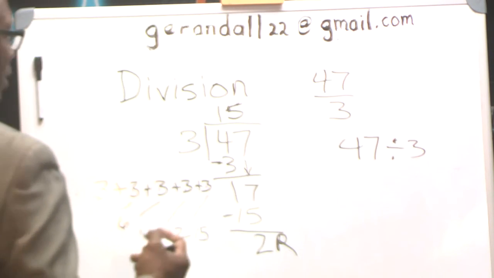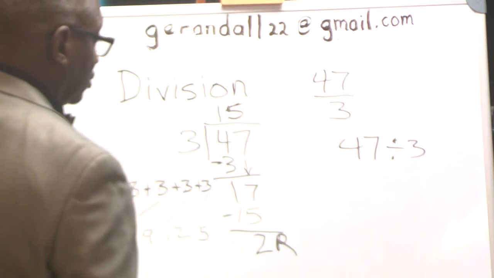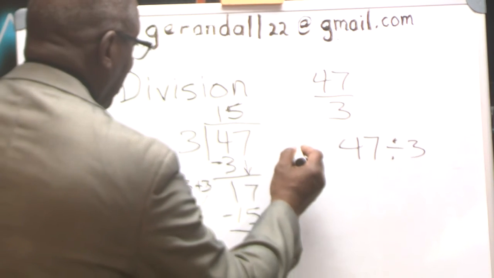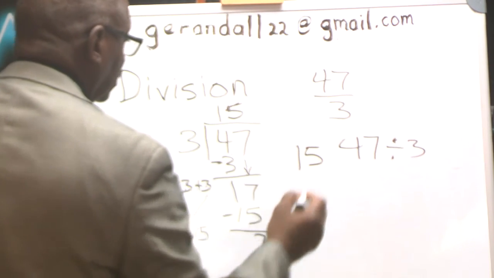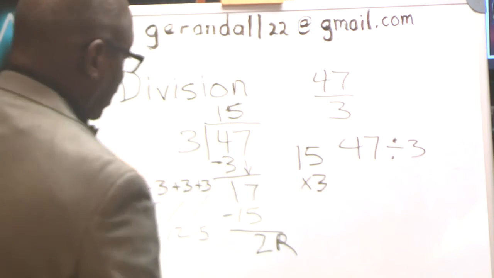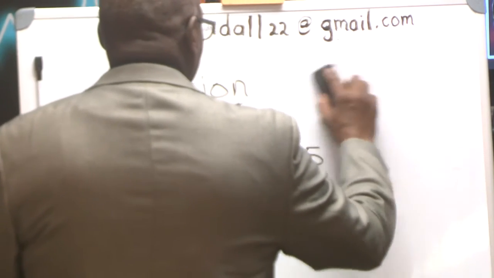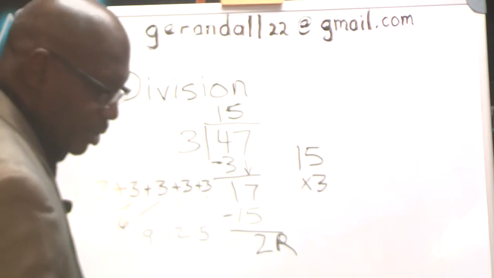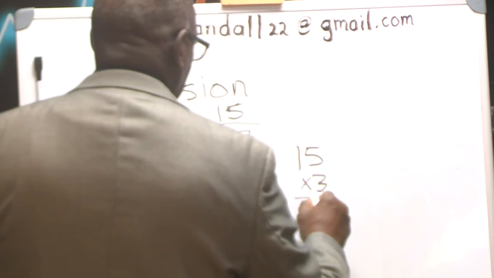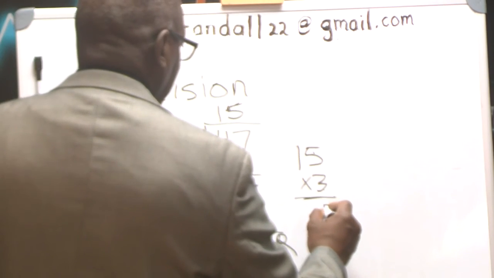Now this one was a case where we don't have a decimal. Okay? So we leave it a remainder. How do we check? Go right back to what? Multiplication. And again, we could do some things, but that says 3 times 15. 3 times 5 is 15.